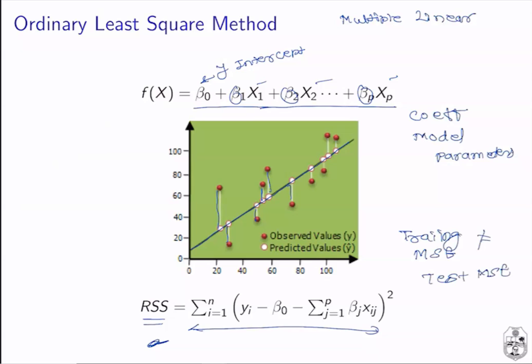So these are not the same, and there is variation present, and that variation is called the variance. When we apply the OLS method, we usually face a situation of high variance, and we want to overcome that situation. The high variance situation is also known as overfitting, and to overcome it, we usually use the shrinkage method.